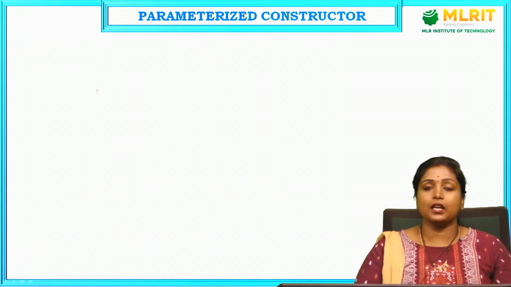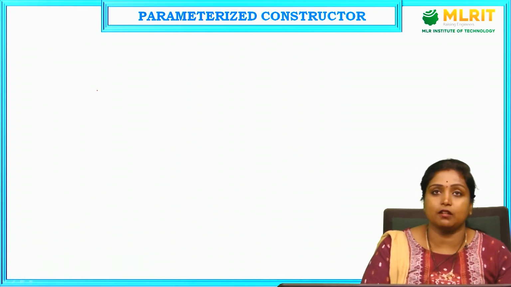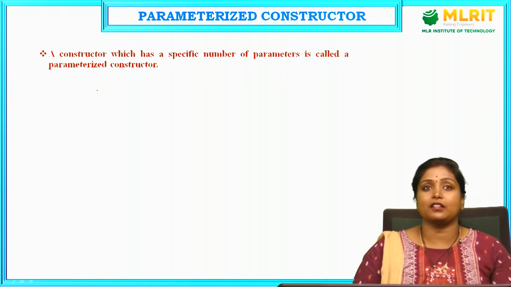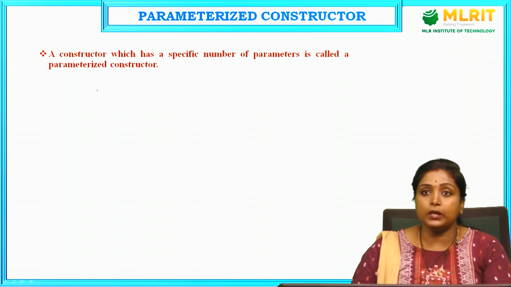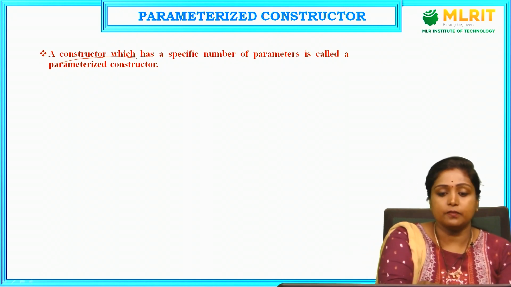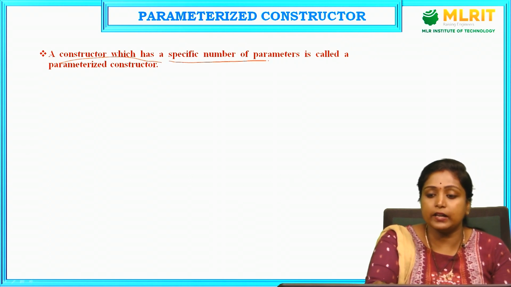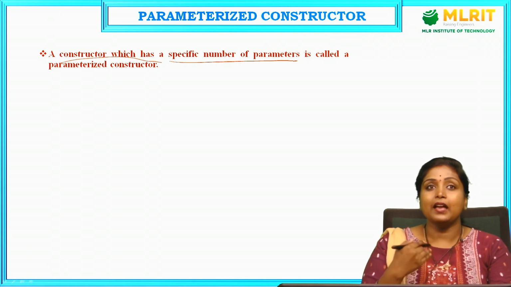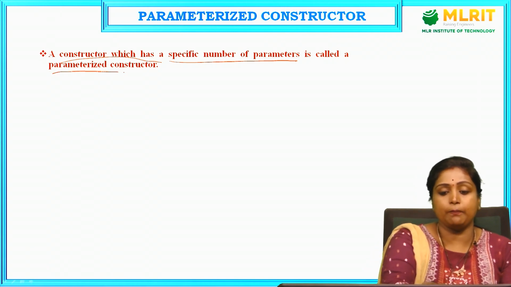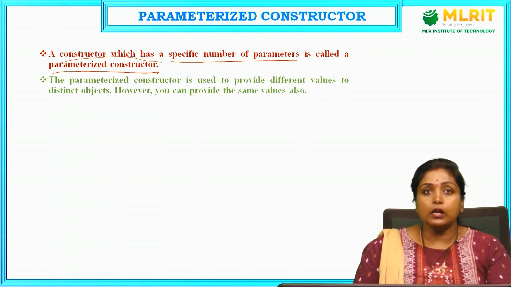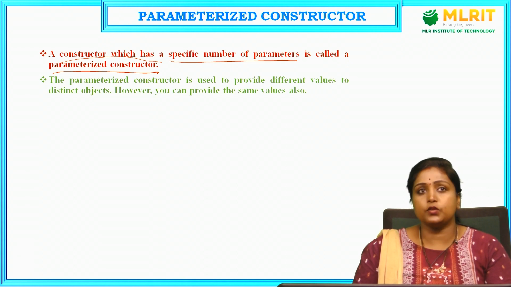Okay. So the second type of constructor is the parameterized constructor. What are parameters? If you supply any parameters to the constructor, then the constructor is said to be a parameterized constructor, a constructor which has a specified number of parameters. The parameterized constructor is used to provide different values to distinct objects.